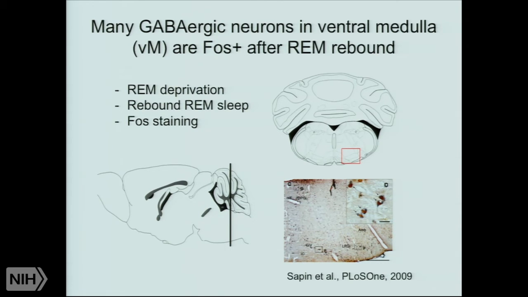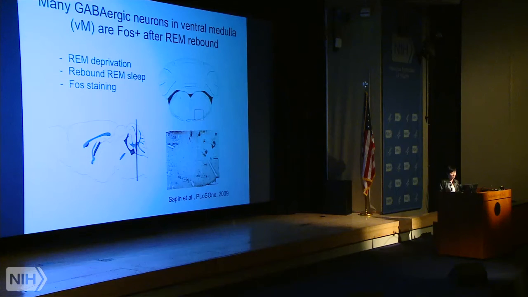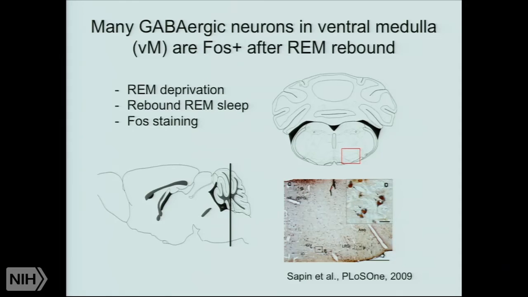Since this is after REM sleep rebound, it suggests that these neurons are REM sleep active. This is usually the first step you need: if they're not active during REM, it's very hard to imagine that they're important for REM sleep.